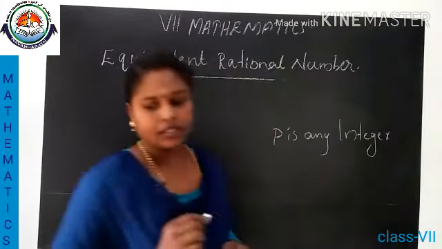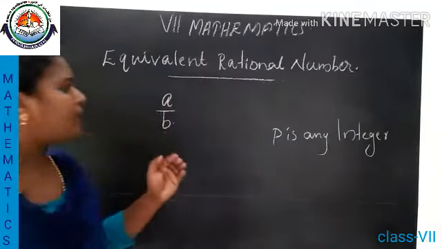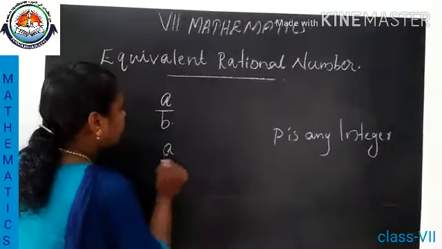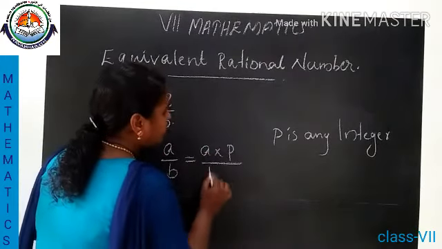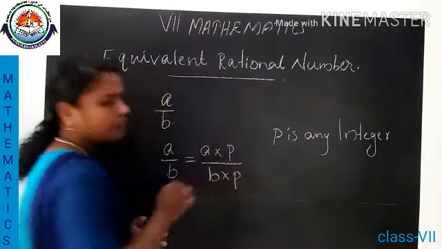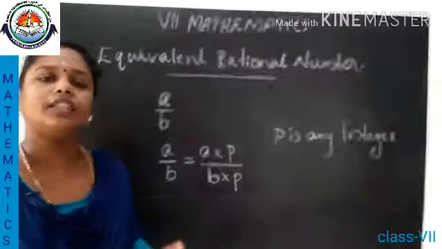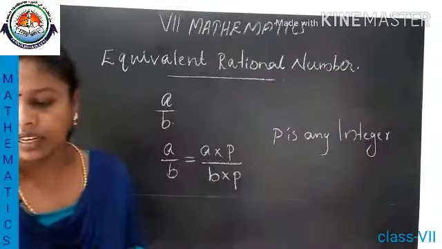If p is any integer and a by b is any rational number, then a by b is equal to a into p by b into p. Here p is any positive or negative integer. So that is an equivalent rational number.